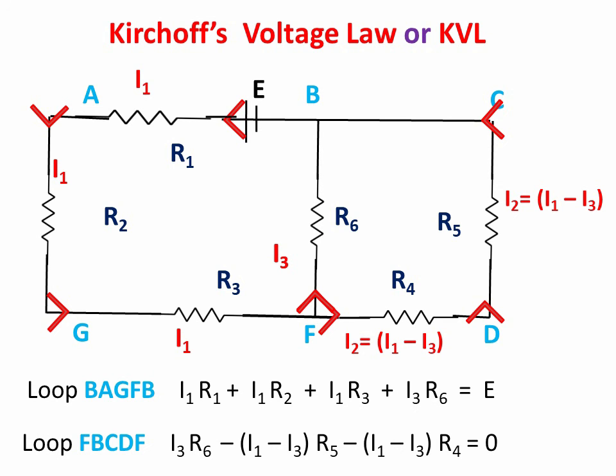Can you see any EMF or battery there? No. So you have to put 0. If you master these two equations, you can easily obtain the answers in any circuit theory problem. Thank you.